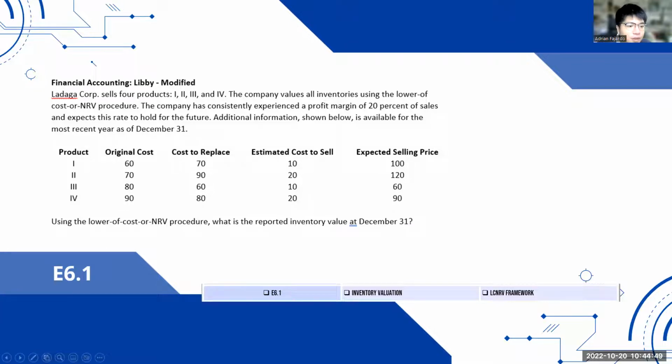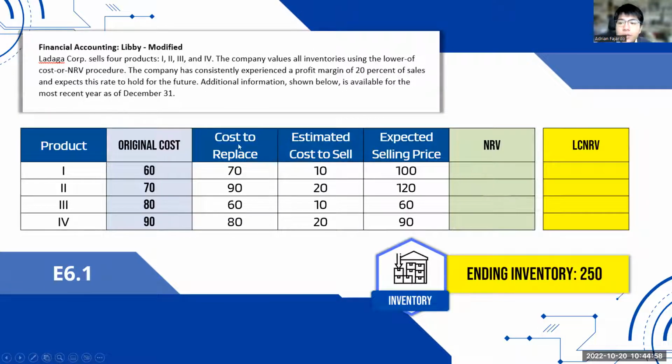Okay. So kung wala, if no one wants to recite, I will just answer LCNRV. Okay? So we'll just go through LCNRV. So again, for LCNRV, you're given this table, right? And for LCNRV, we basically just have to ask ourselves three things. What is the cost?